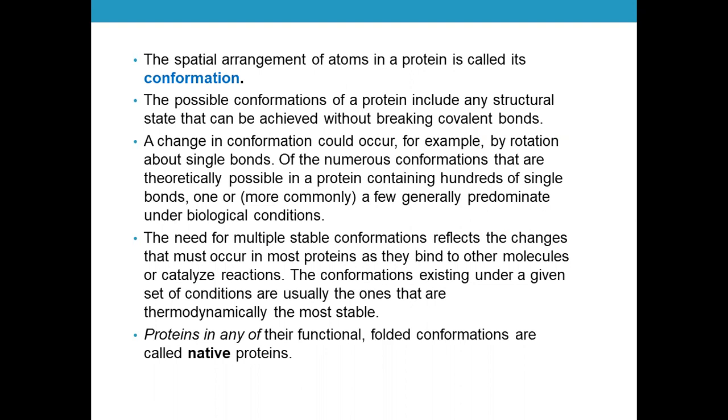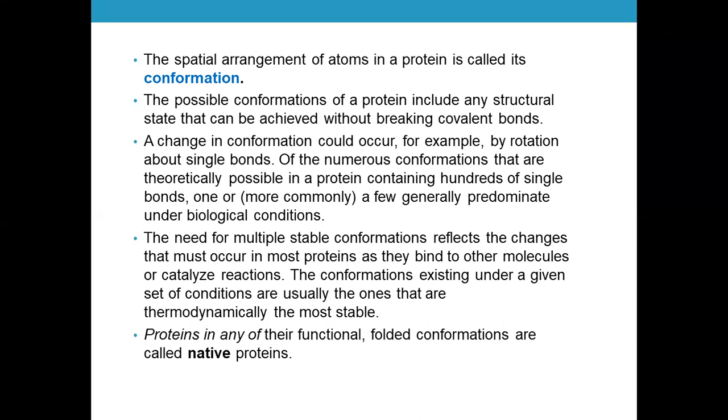And under biological conditions, that particular rotation of bonds in the proteins, the sequence of the amino acids, will actually assume a stable conformation under biological conditions. So we will be looking at that later on, what are the most stable conformations for those amino acid residues when they are under biological conditions.